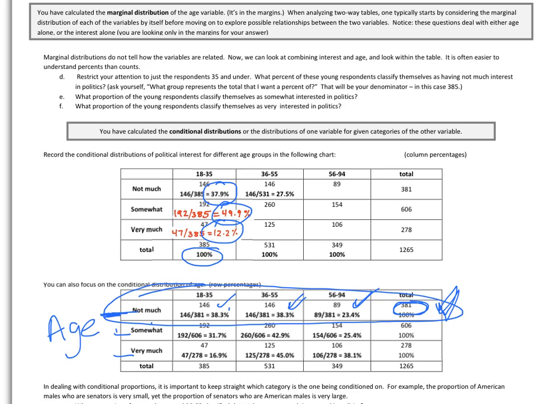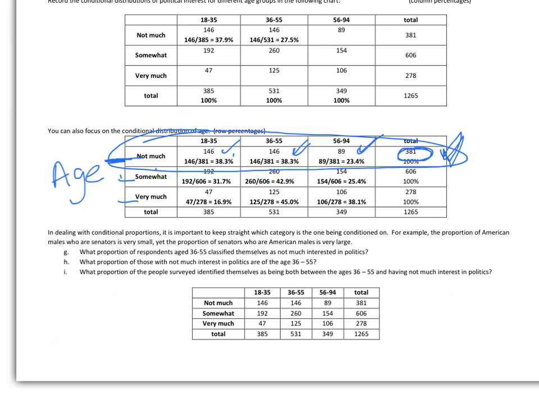If you're looking for the conditional distribution of age on political interest, you're now looking at the rows. And finally, read questions carefully. It's important to think about what is my denominator. In dealing with conditional distributions or proportion, it's important to keep straight which category is the one being conditioned on.